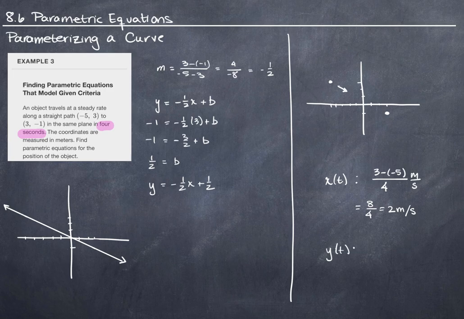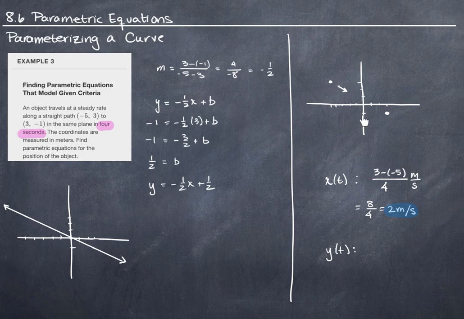Let's see what's going on in the y direction. Y of t. I'm not actually writing the functions here. I'm just kind of getting an idea of what the situation is. I'll use blue for x, and then I'll work out what y is. In the y direction, we're going from, sorry, that's 3, not 4. We're going from 3 down to -1.